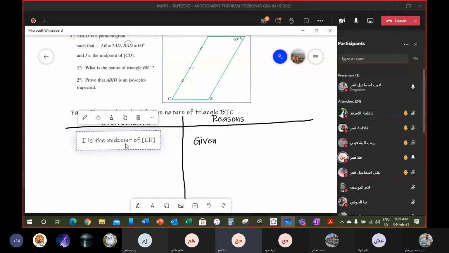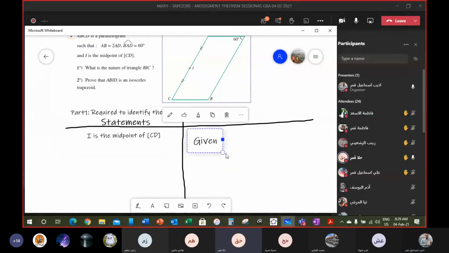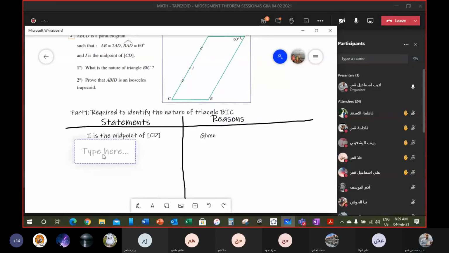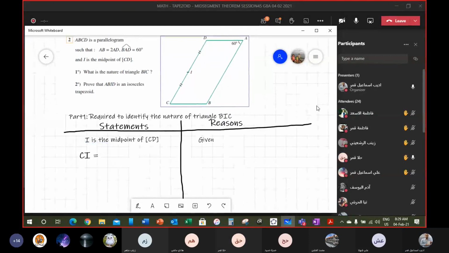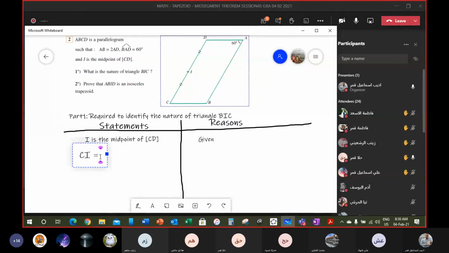عنا CI equal ID by coded properties. فإذا CI equal ID, by coded property.